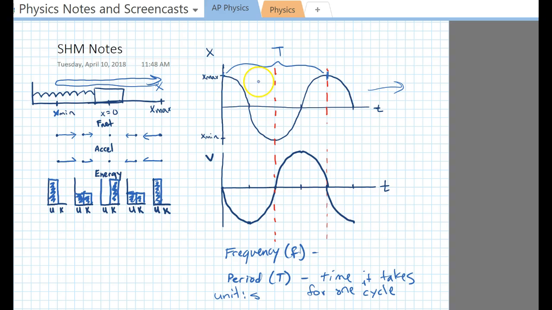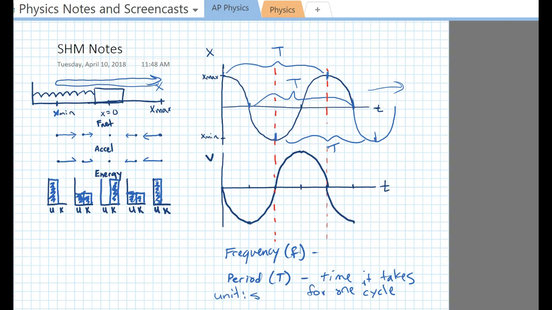So like from here, we go to here and back to here, right? The same, see the graph coming down and hitting 0, coming down and hitting 0, then that also would be one period. So you can find them in different ways. Or if I had continued the graph a bit, then it'd be from this point to this point, and that would be one period. So the period is the amount of time for one cycle to occur.